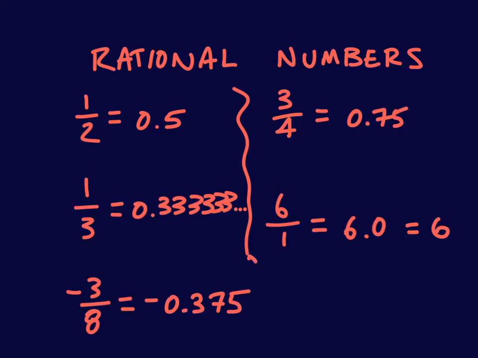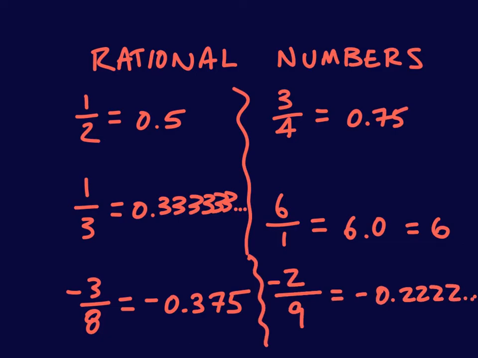And let me just come up with another example here. Let's think of the number 2 over 9. Okay, and let's make that negative. So -2 over 9 is simply the number -0.222 repeating, okay? And so this is a way for us to describe what rational numbers are.